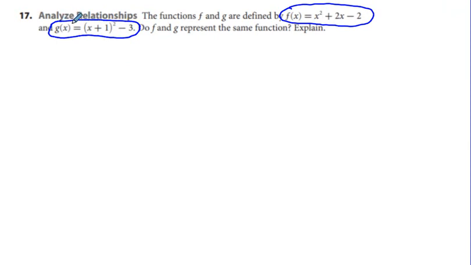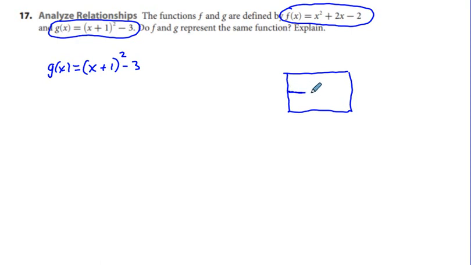But the way I think might be a little easier is to take this g of x equals quantity x plus 1 squared minus 3 and expand that out to see if we end up getting the f of x. And we're first going to expand that quantity x plus 1 squared. And to do that, I'm going to make this little box.